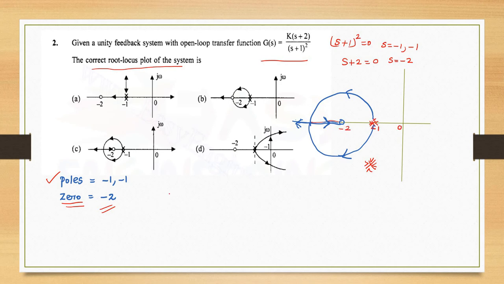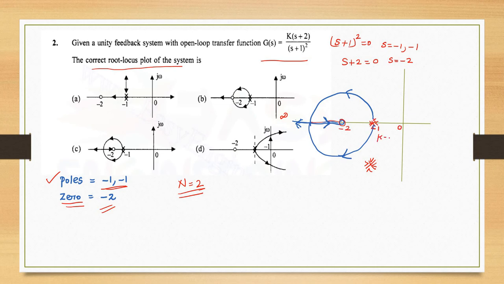How many root locus branches? According to the number of poles, root locus branches are 2. So one of the root locus branches terminates at the zero given, and another one terminates at infinity. See these both root locus branches, the root locus branch always starts from an open loop pole.